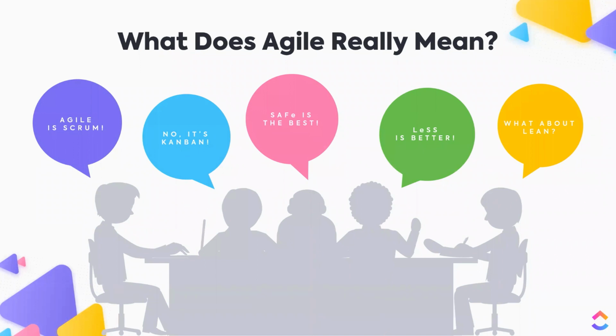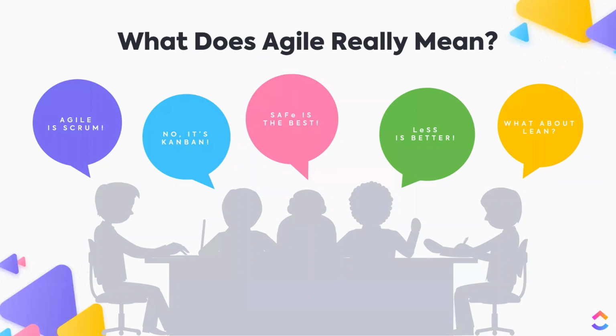If we ask this question, we'll certainly hear a lot of different answers from people telling us that Agile is Scrum, or no, that it's actually Kanban. And when we start considering Agile at scale, we'll hear people telling us that SAFe is the best, others that less is better, and some who don't see the difference with Lean.